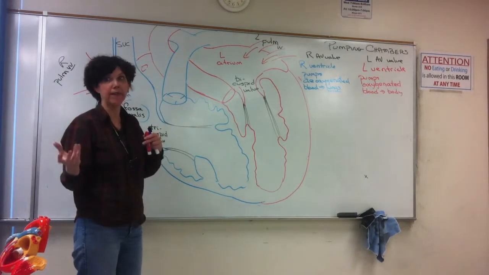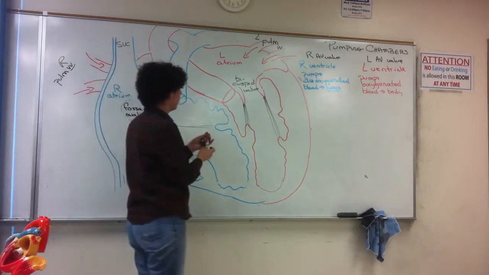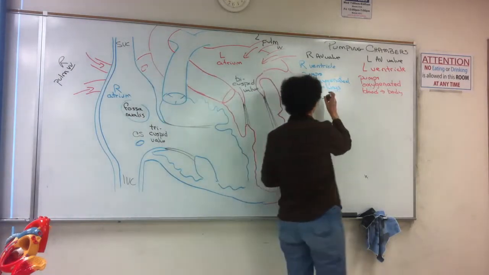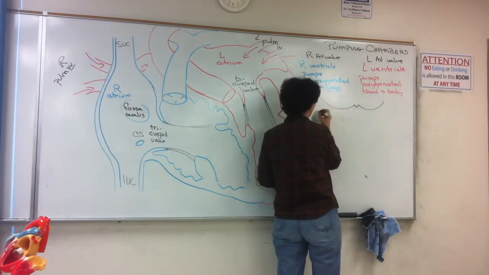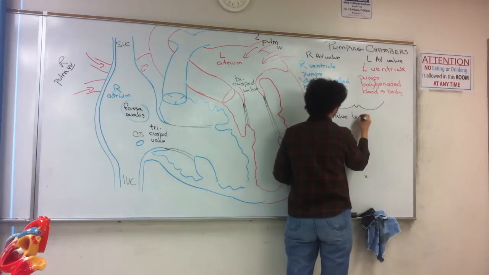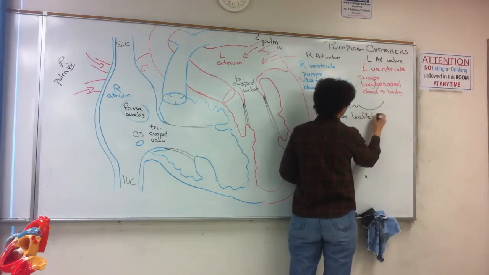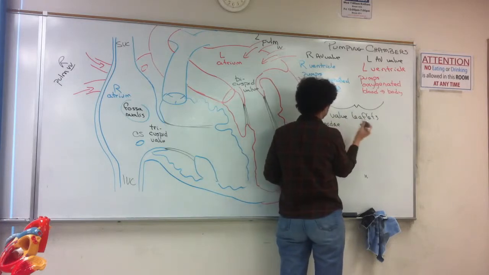So both of them have the AV valves. These strands are identified, so both of them now are going to have these structures. They're going to have the AV valve leaflets. Those are attached via the chordae tendineae, or the tendinous cords.